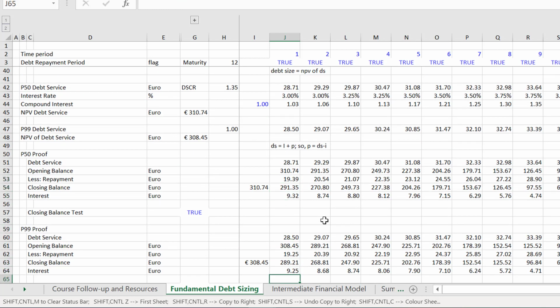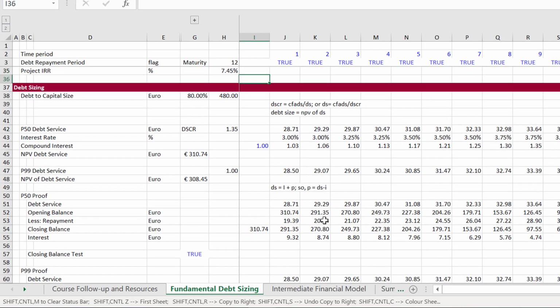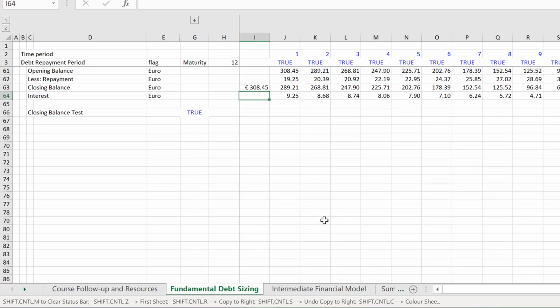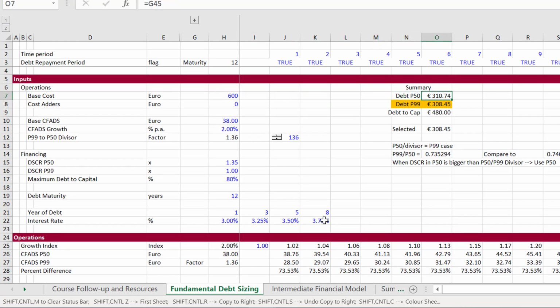Okay, and then you get this debt. So in this case, the amount of debt in P99 was lower than P50, and both of these were lower than this one. Perhaps I should have moved this one out here. So we have three kinds of cases. And then I can't remember. Oh, I put the conditional formatting here.